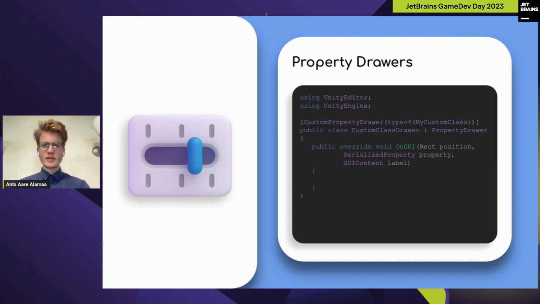So yeah, the next thing, property drawers. It doesn't have anything to do with furniture drawers, it's about drawing properties. Very similar syntax: you define a class derived from PropertyDrawer, add the CustomPropertyDrawer attribute, and specify the class you want to reference here.